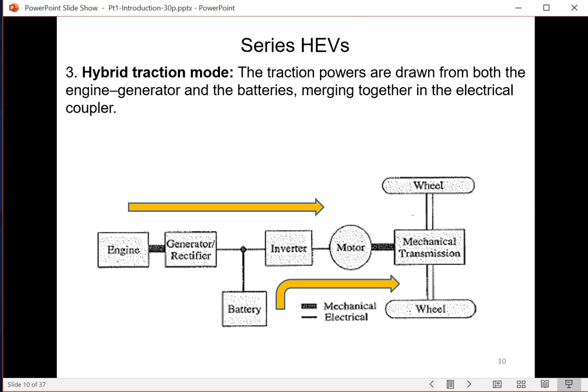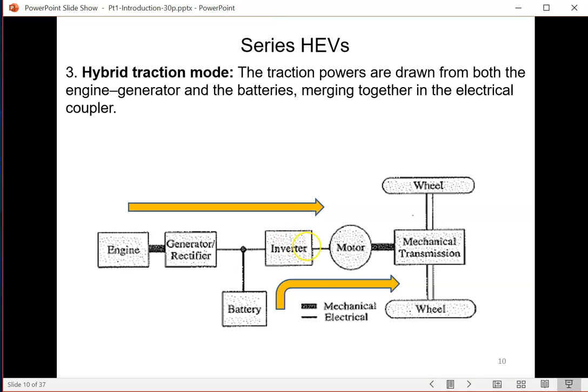In this case, the engine itself is not sufficient. So you need both engine and battery to provide the motor with the high level of power needed to drive the car. That's typically when the car is working very, very hard, and the energy comes from both of them.